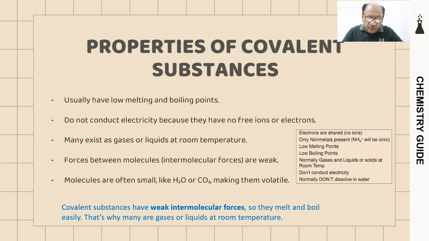Covalent substances usually have low melting and boiling points, because compared to ionic bonds they are less strong, so they require less energy. They do not conduct electricity because they don't have free electrons available for conduction, so they are non-conductors. Many exist as gases or liquids at room temperature because their melting points are low.